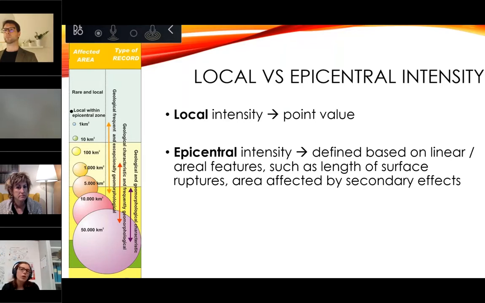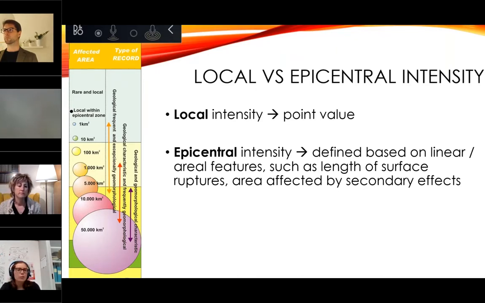It is based on a linear or areal feature, such as the length of surface rupture or the dimension of the region affected by secondary effects. And this is quite peculiar to this intensity scale, because this possibility is actually not included in other scales based mainly on damage to buildings or to the built environment.